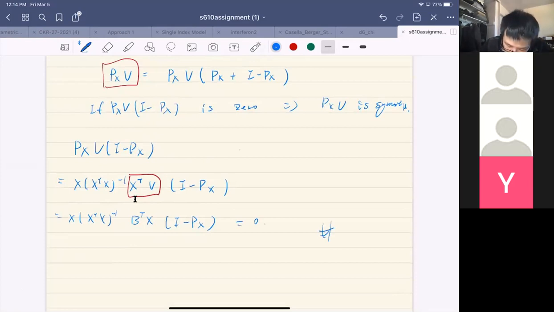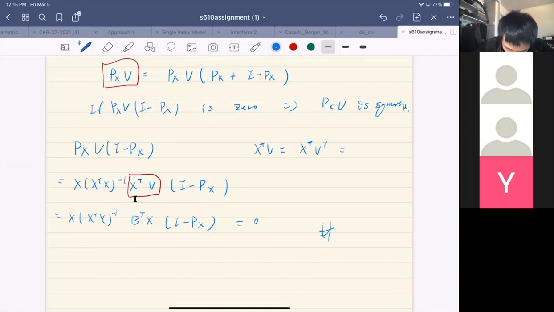The Vs is equal to V transpose x. So we can say x transpose V is equal to x transpose V transpose because V is a variance matrix.